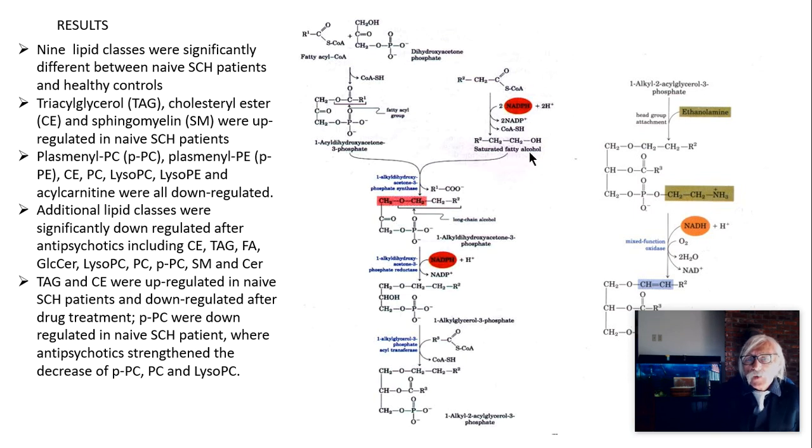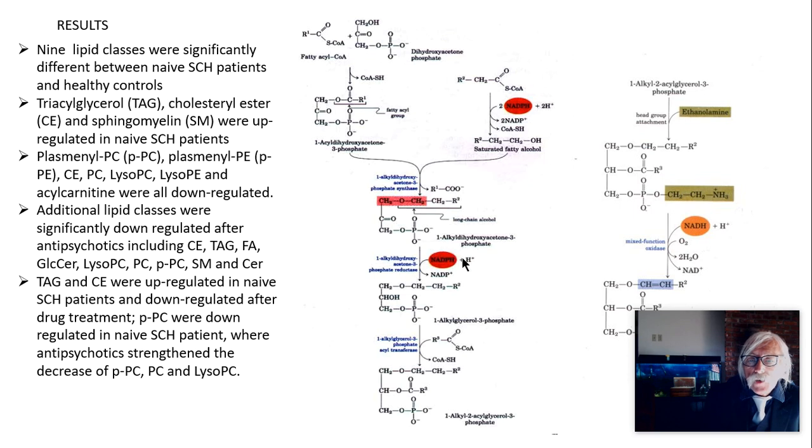So you've converted this fatty acid now to an alcohol, right? You change the oxidation state. And you remove the fatty acid from the one position, the ester, and now you've loaded in the alcohol because it's an alcohol. Now it's an alkyl, okay? That's alkyl dihydroxyacetone 3-phosphate synthase. That's the name of the enzyme. And you've got a long chain alcohol now in the one position of the glycerol backbone. You've still got the keto function in the 2 position. And you've got just a phosphate on the 3rd carbon, right?